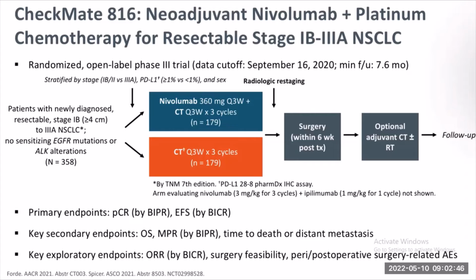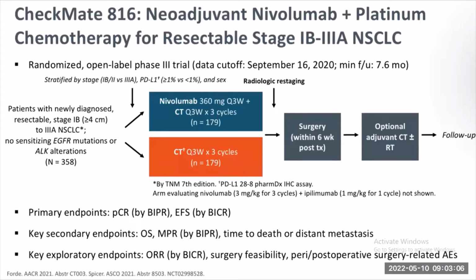No sensitizing EGFR mutation or ALK alteration was seen. They were randomized 1:1 to nivolumab 360 milligram 3 weekly with platinum doublets 3 weekly for 3 cycles versus platinum doublet chemotherapy for 3 cycles.